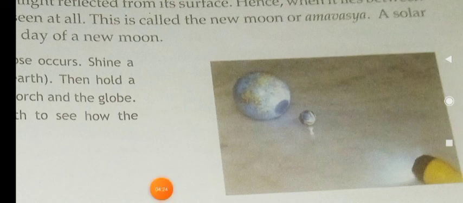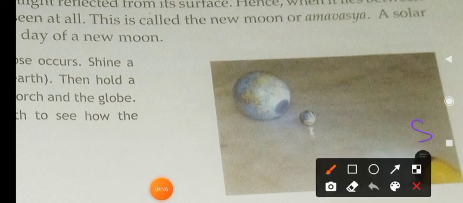Hold the ball between the torch and the globe. Move the ball back and forth to see how the shadow changes. This activity will help you to understand the solar eclipse concept well.